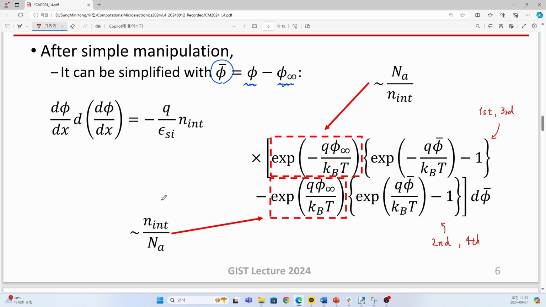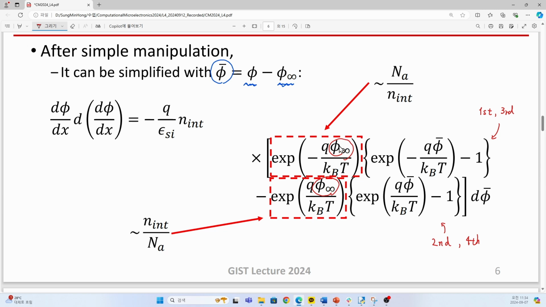But before moving to the next page, I wanted to stress this information. Here we have a certain exponential function for our electrostatic potential. But here we have two red boxes, and they are dependent on phi infinity. So this is just a constant and doesn't depend on position or electrostatic potential.